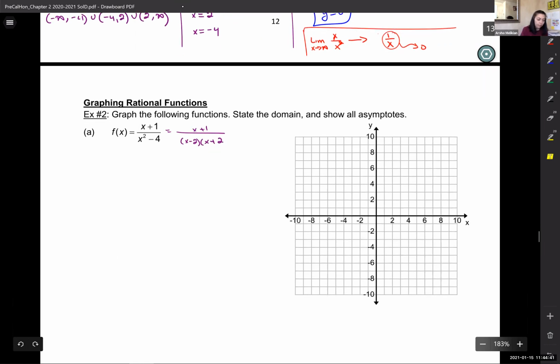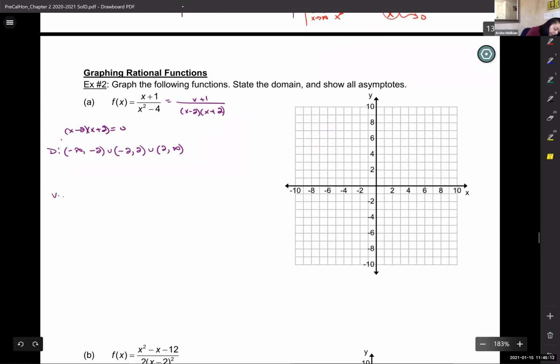All right, domain. Where is the denominator 0? At -2 and +2. So the domain is negative infinity to -2, -2 to 2, 2 to infinity.